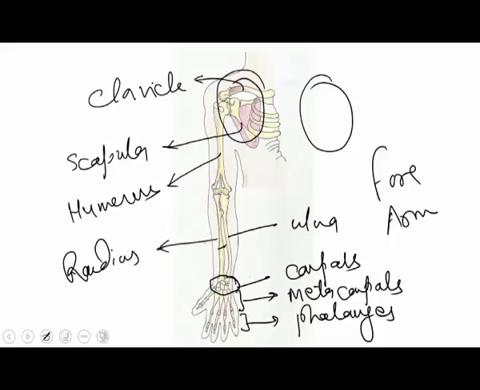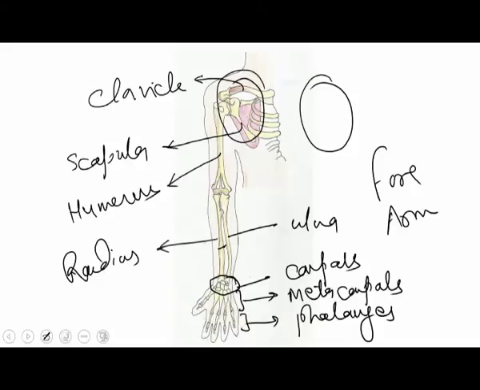So this whole area is like a bony framework. So this whole forearm is giving the first framework of appendicular skeleton. So we have 30 bones here, multiplied by 2, we have 60 bones in the forearm.